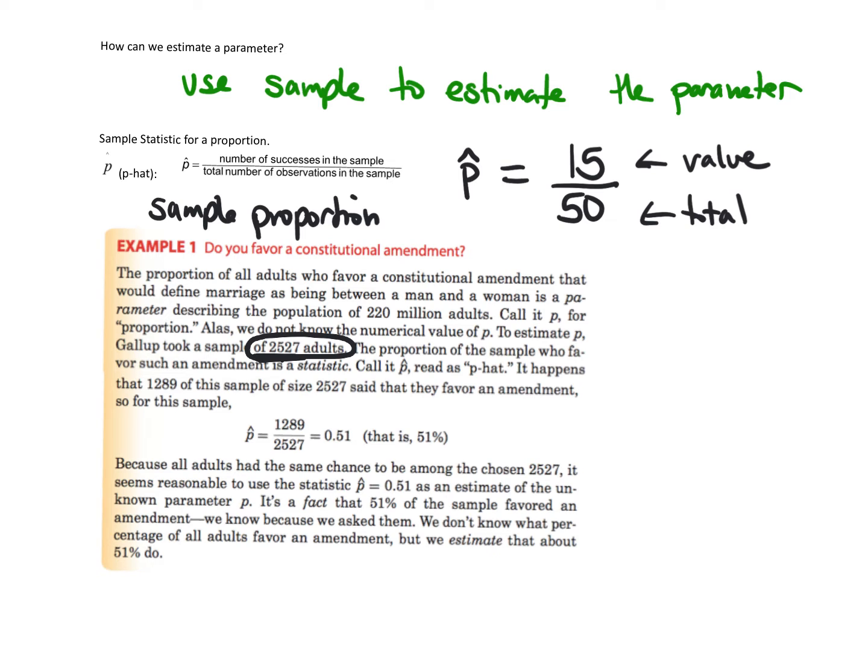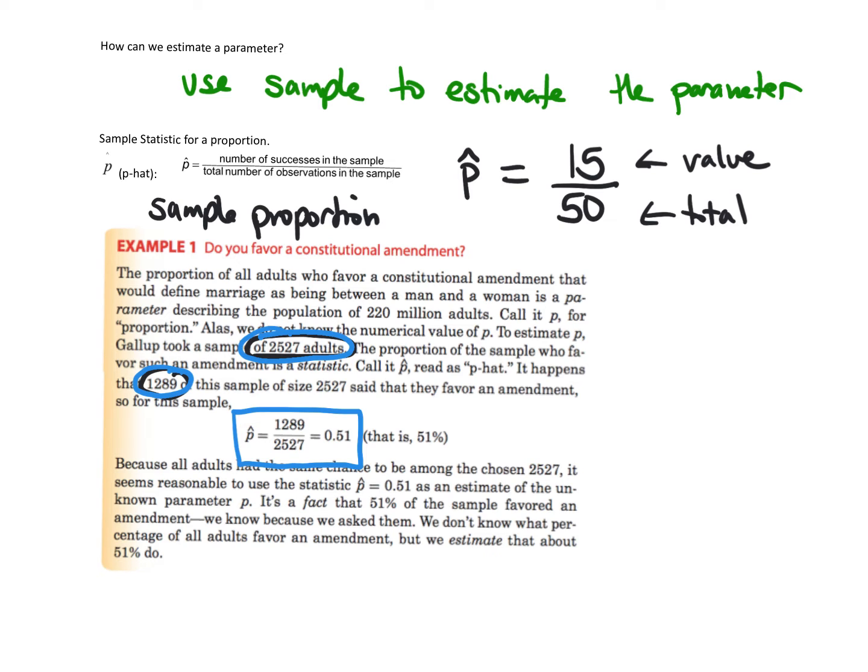And of those, 1,289 were in favor of this amendment. Now, the p-hat is simply going to be the number of people who were in favor of this amendment over the total number of people. So this is my p-hat, 1289 out of 2527, which is 51%.